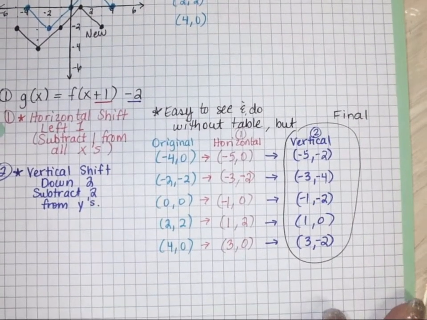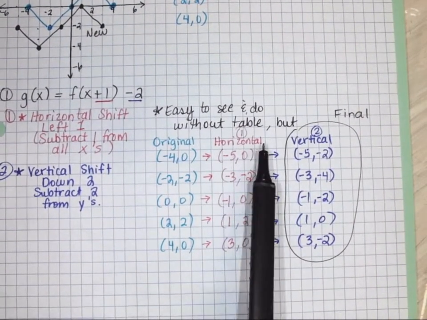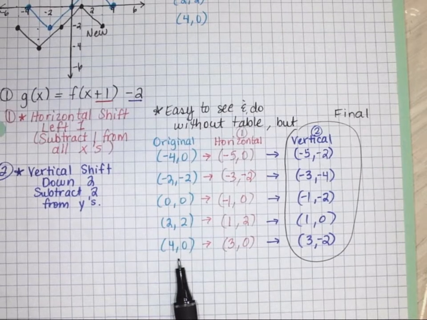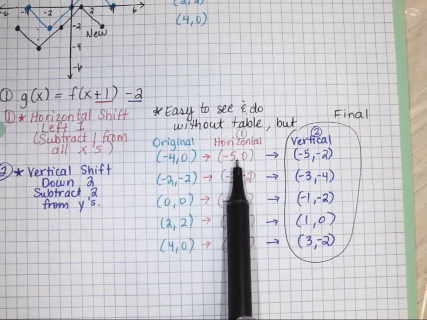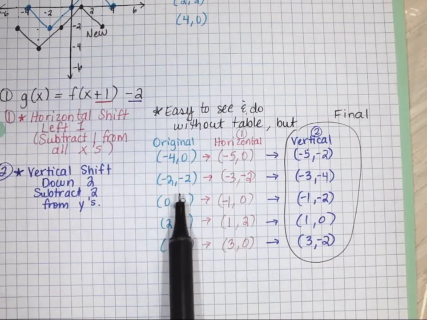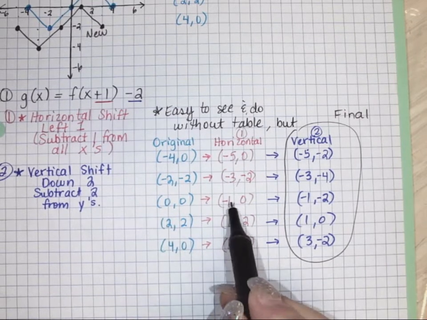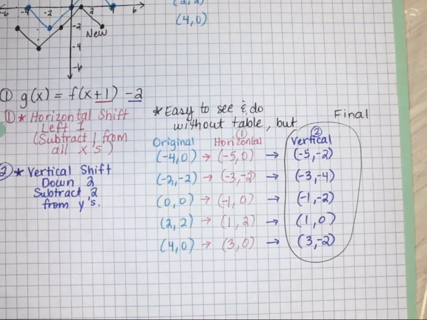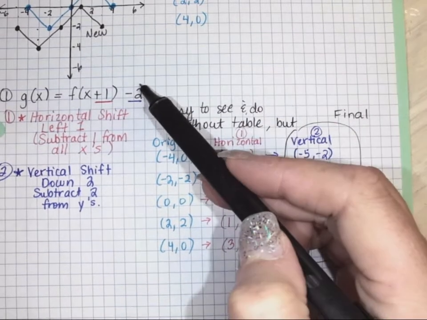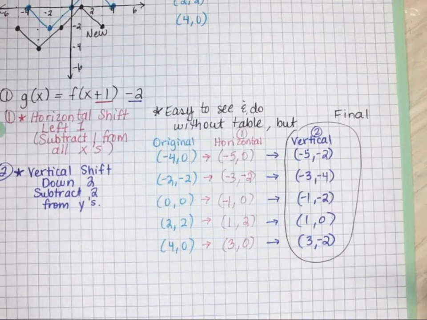If you want to see what that looks like with your ordered pairs, these were the original. So for the horizontal, moving it left 1, notice we subtracted 1 from every x value. So that's how I arrived at all of these x coordinates, subtracting 1 from the x. Then for the y, we had this vertical shift of -2.